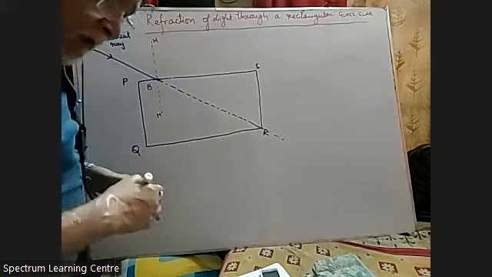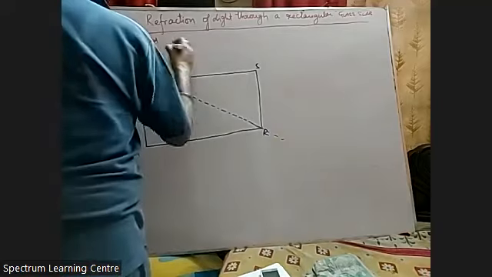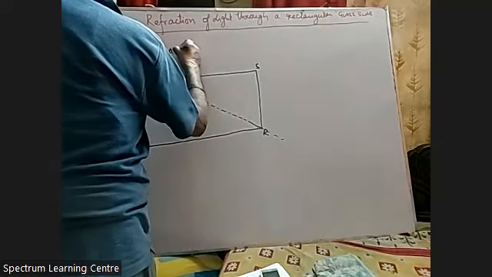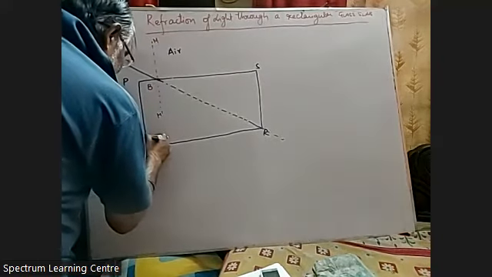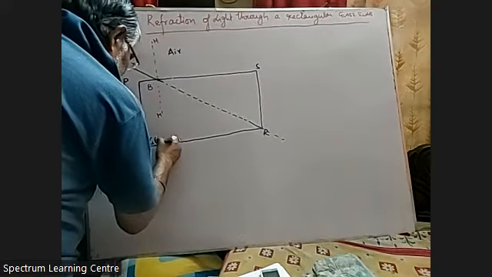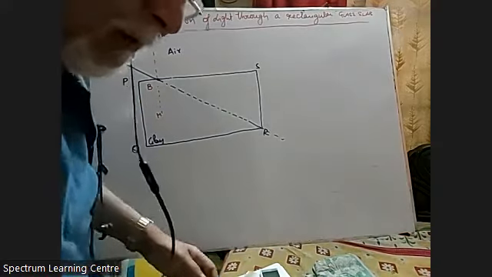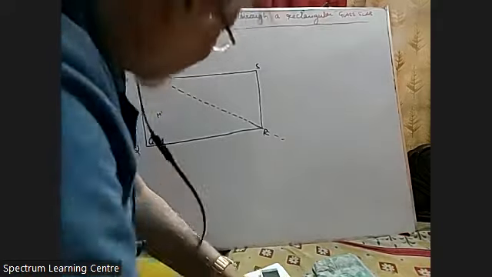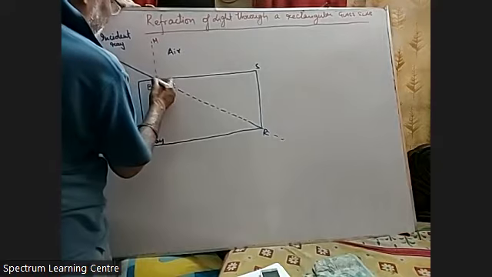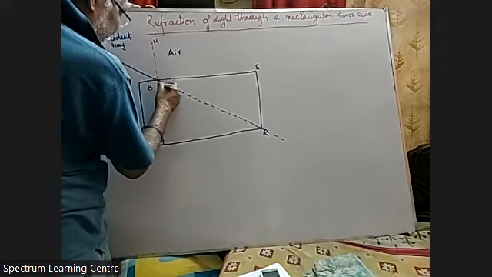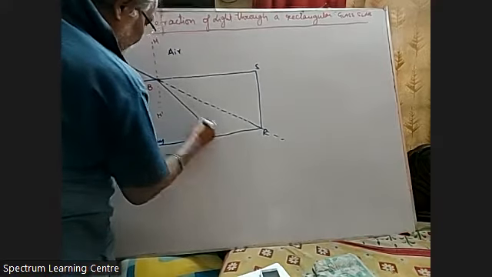Now, since the glass slab is there and this is air, right? And this is glass. So the light entering from a rarer medium to a denser medium will bend towards the normal.